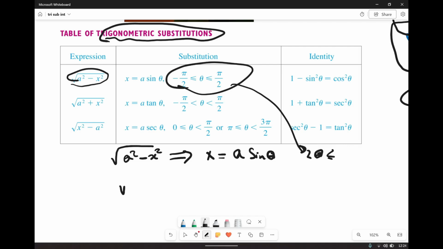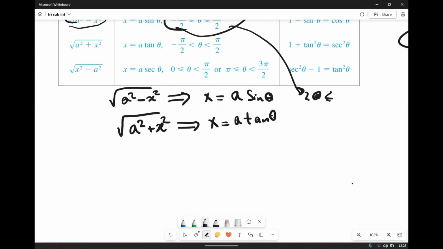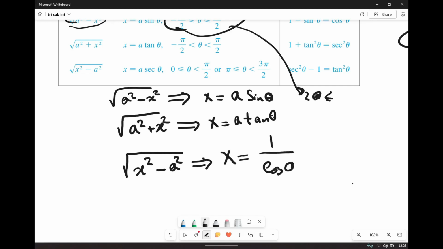Or another one: if you're going to delete a radical of the form a power 2 plus x squared, you must use this substitution, x equals a tangent theta. And if you're going to delete the radical x power 2 minus a squared, your substitution is x equals a over cosine theta.